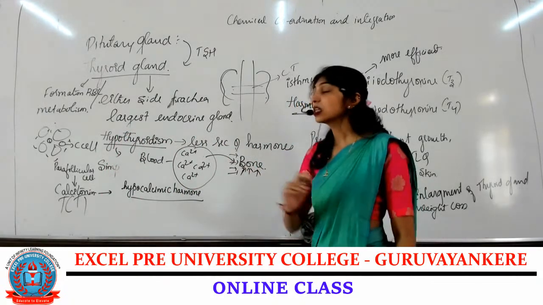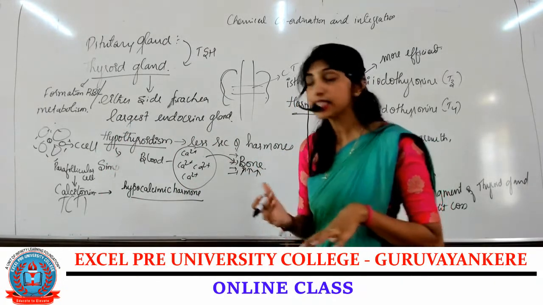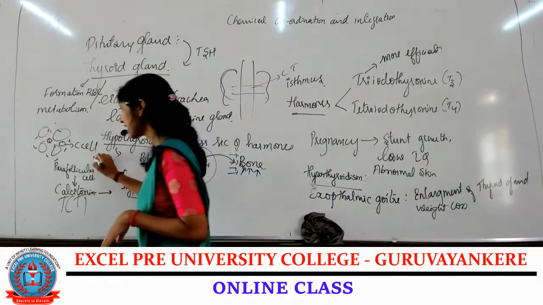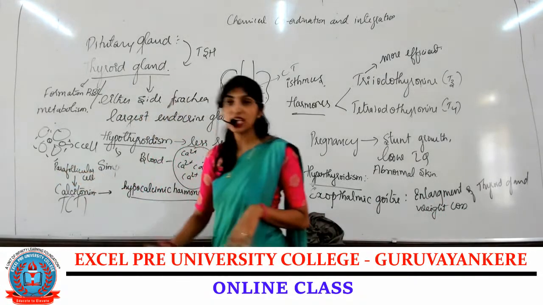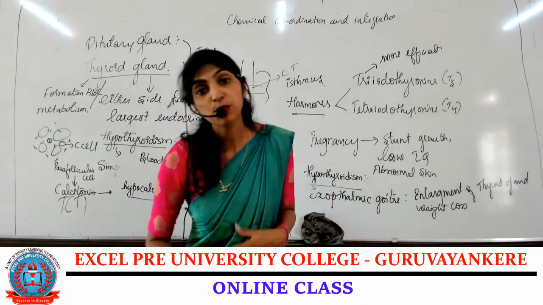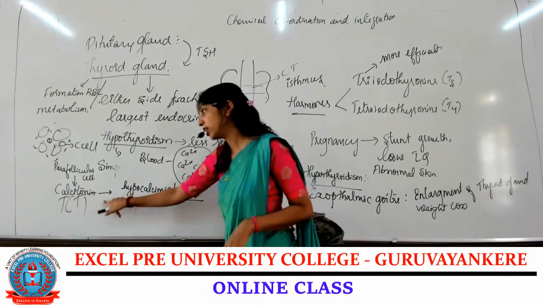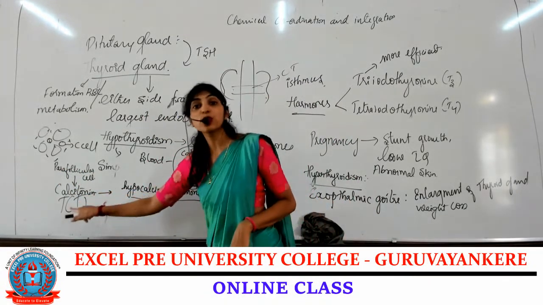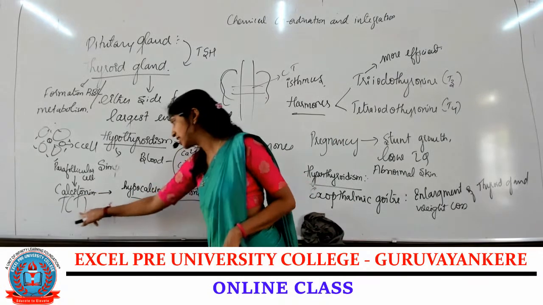Then we have discussed that along with the follicular cells, there are cells called C cells or parafollicular cells, which secrete a hormone called calcitonin, also called thyrocalcitonin or TCT.